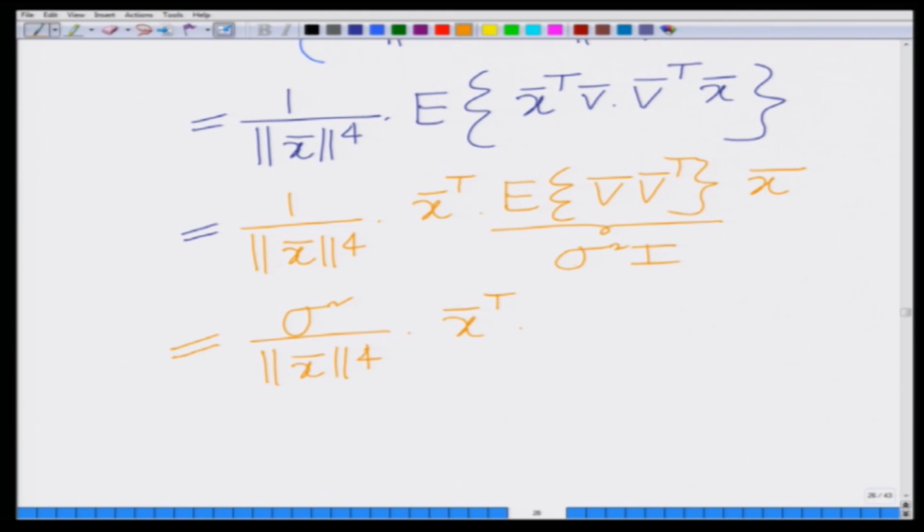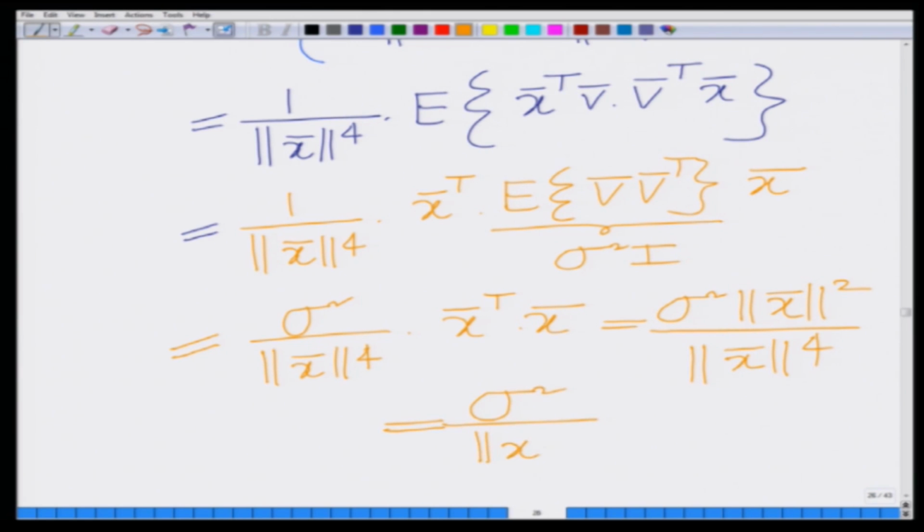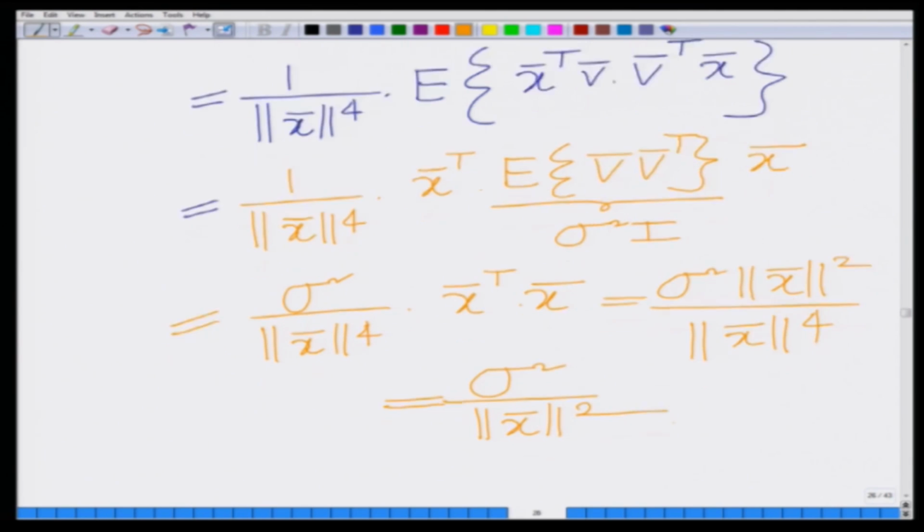X bar transpose identity x bar is simply x bar transpose x bar, which is sigma square norm x bar square divided by norm x bar power 4. This is basically your sigma square divided by norm x bar square.